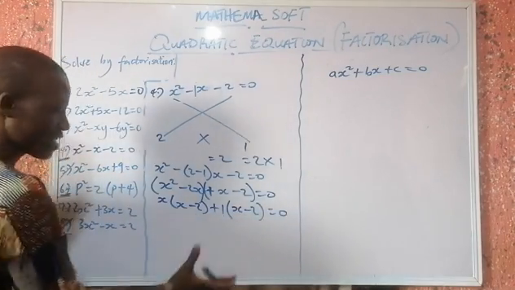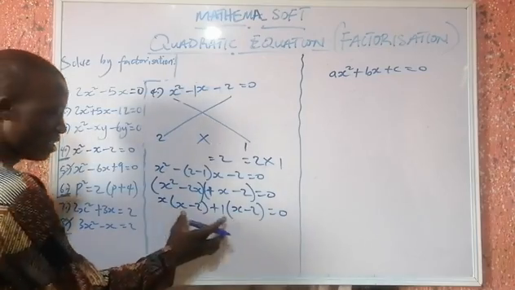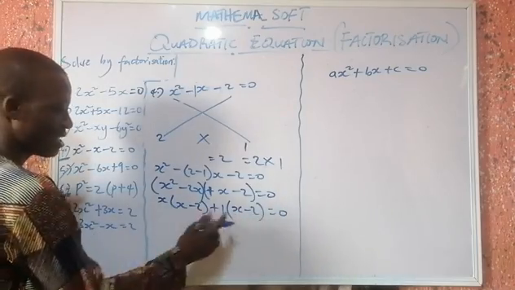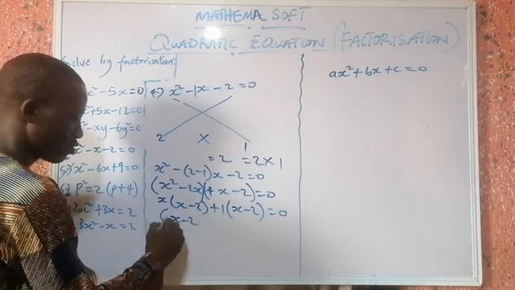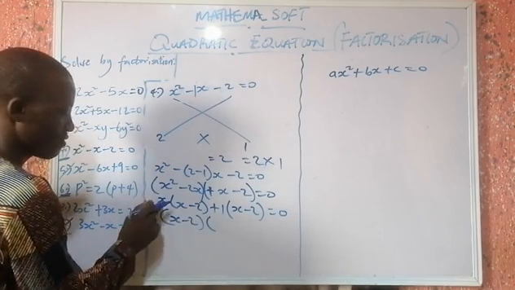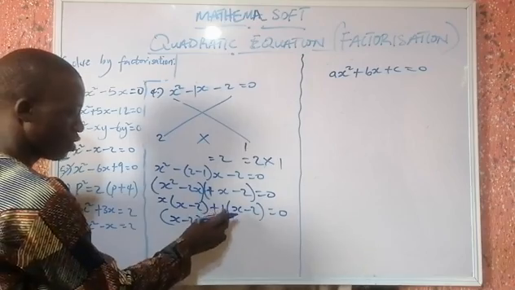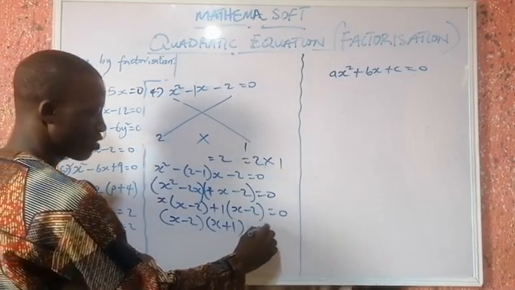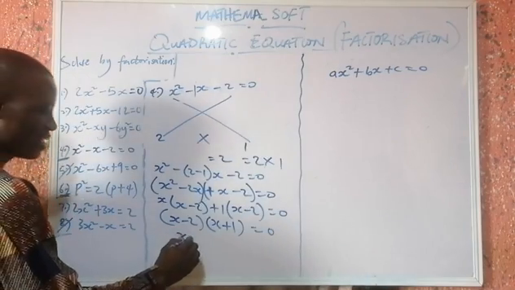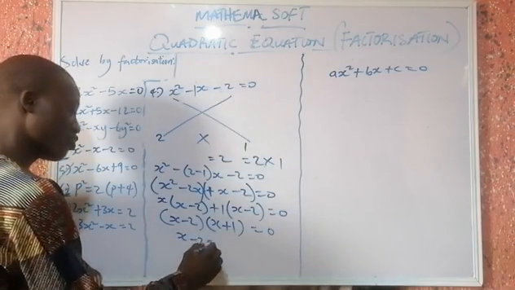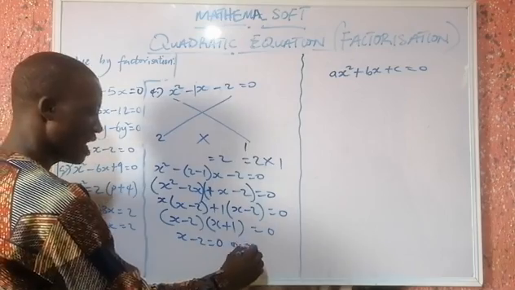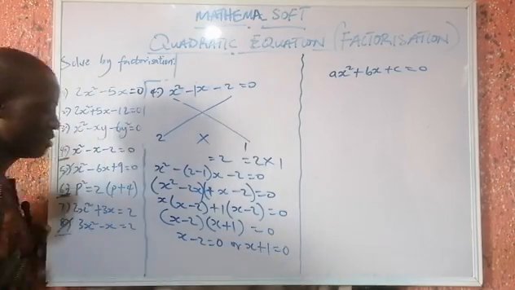So x minus 2 is common to this side and this side. So I will bring out x minus 2. Then what will be left is x plus 1, then equals 0. So I can say now x minus 2 equals 0, or x plus 1 equals 0.